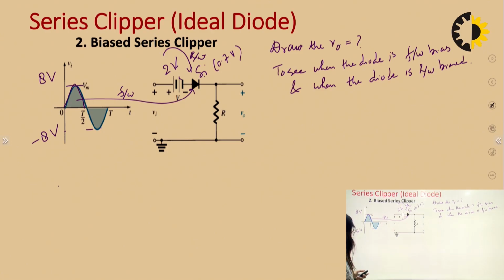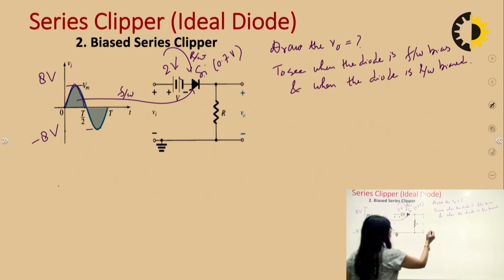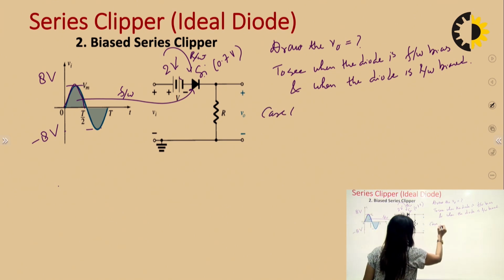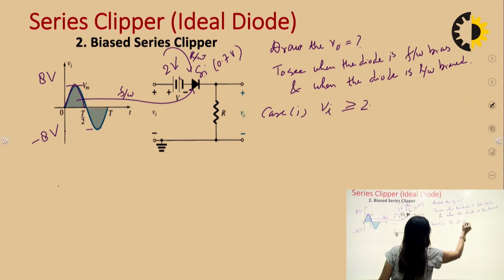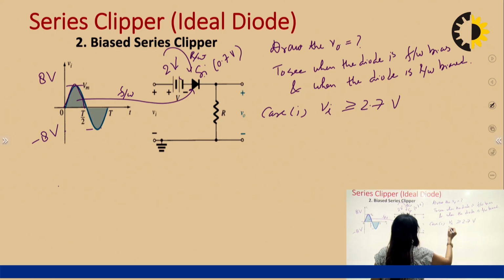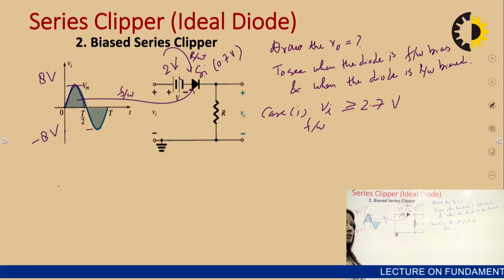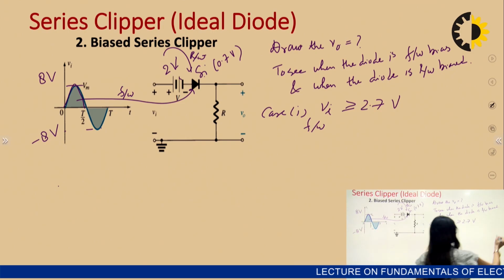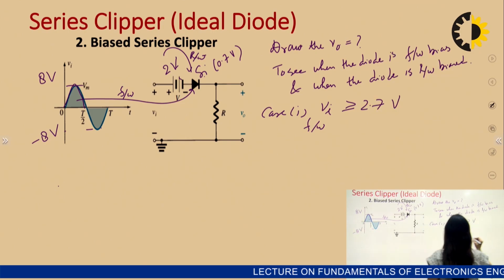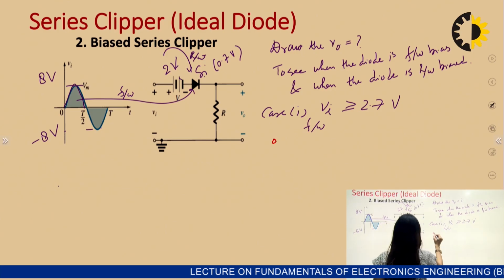So here we make case 1. When the input voltage is greater than or equal to 2.7 volts, the diode is forward bias. So we remake the circuit with the diode forward bias.